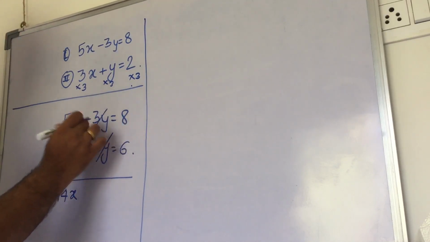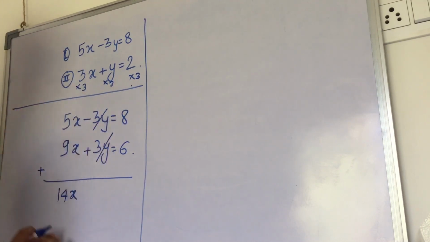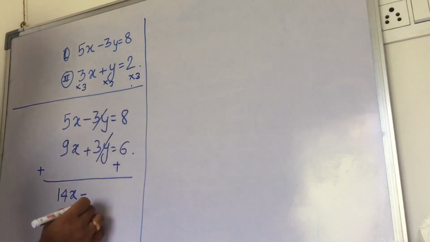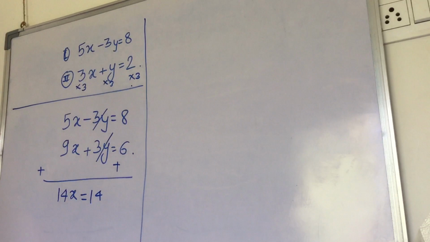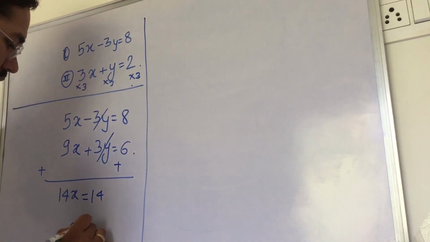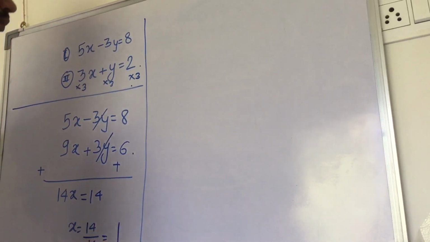The 3y and 3y are cancelled, since minus 3y and plus 3y cancel. Here also addition, that is 6 plus 8 is 14, right? Therefore, the value of x will be 14 divided by 14, that is 1.